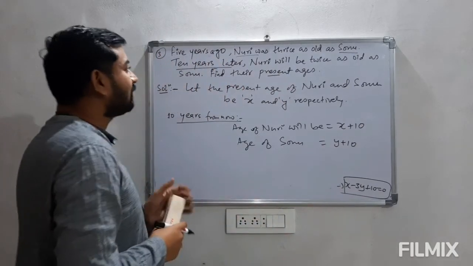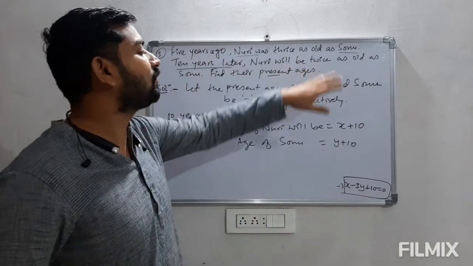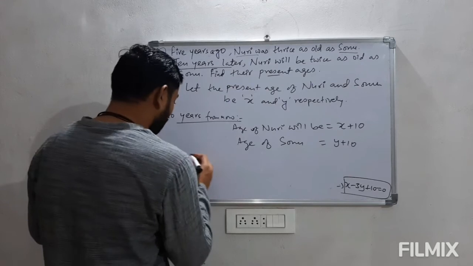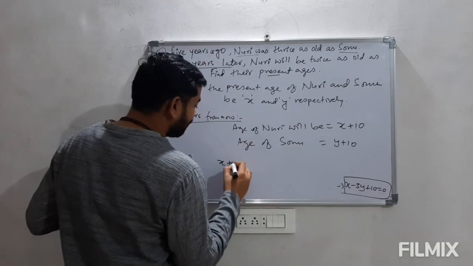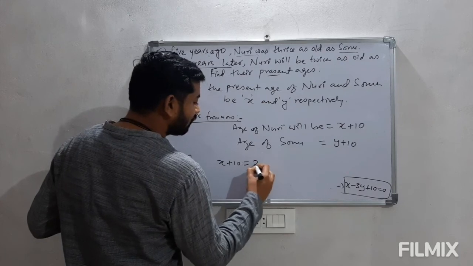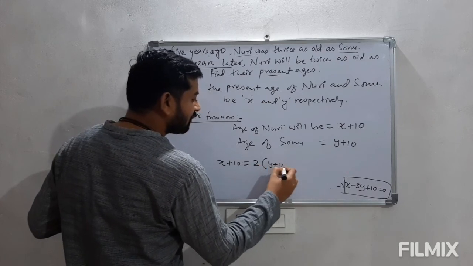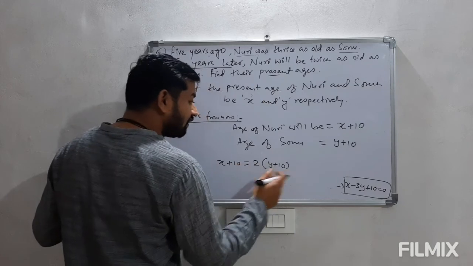Now in this 10 years later Nuri will be twice of that of Sonu. So according to the question here in this second case, the age of Nuri is twice the age of Sonu.